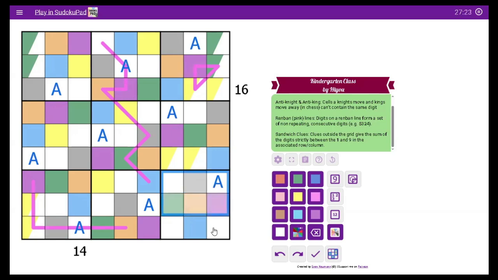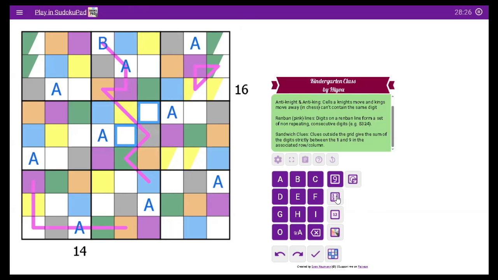So yellow is in one of two positions, which means it's not here. So now this is yellow. It's in one of two positions. Now the sensible thing to do is to make this B. So B can't repeat on its own thing.